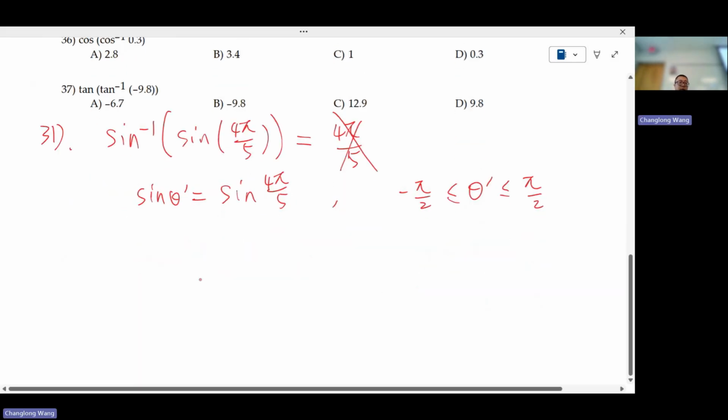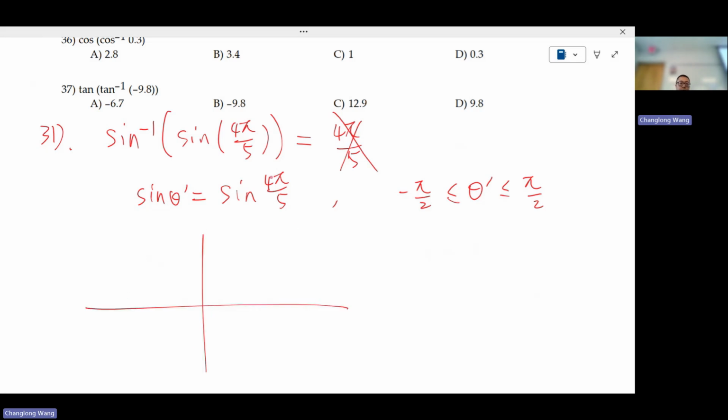So the way I showed you a week or maybe 2 weeks ago in class, it's like plotting the angle 4 pi over 5, right? Which, as you know, is in the second quadrant, right? This is for 4 pi over 5.